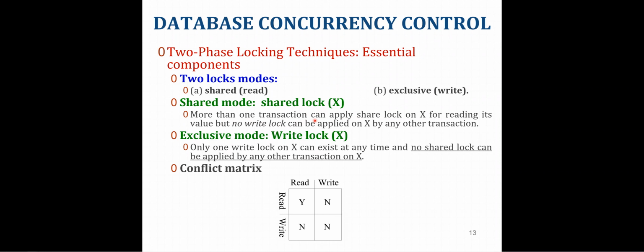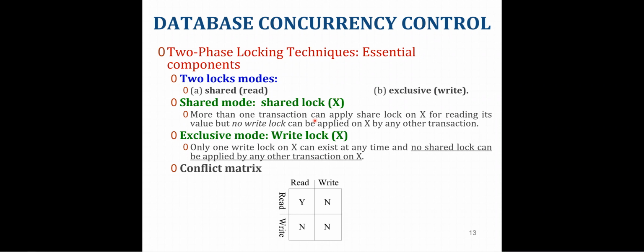If transaction 1 wants to read the item X, it will execute shared lock X, and if another transaction wants to read, it will also raise the shared lock statement. So I'm having 2 shared locks on the item X, that's fine. How can I write on it? When I make sure that there is no shared lock on it.